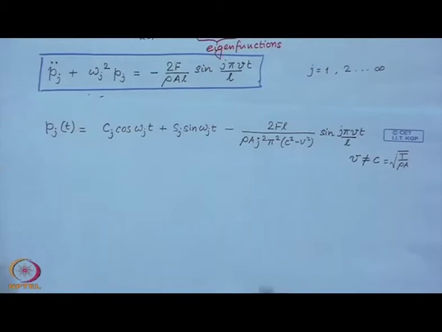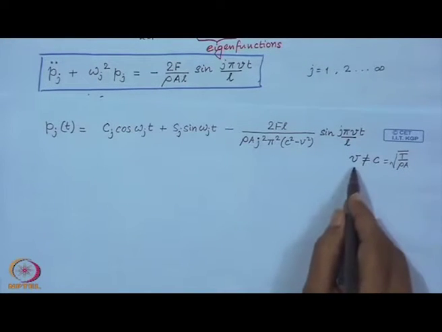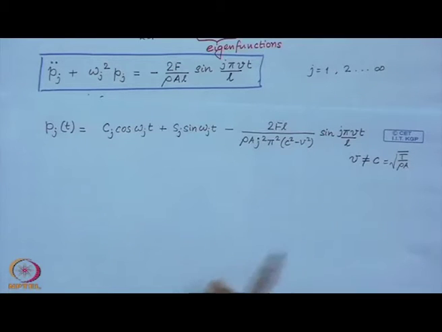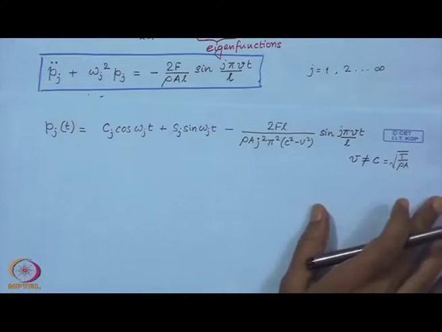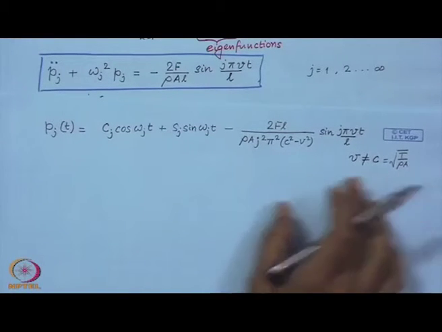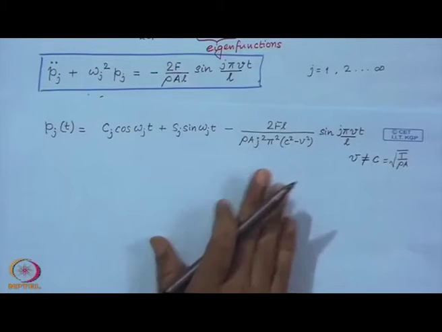So, C is the speed of transverse waves in the string. So, as long as the velocity or the speed of travel of this force is different from C, is less than C, for example, this is going to be the solution.